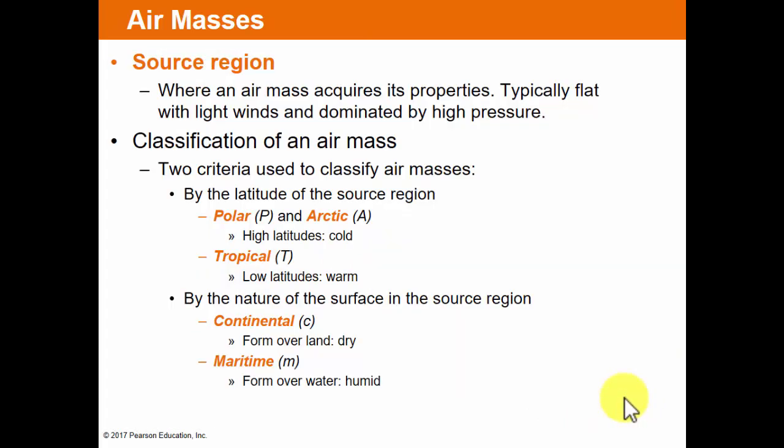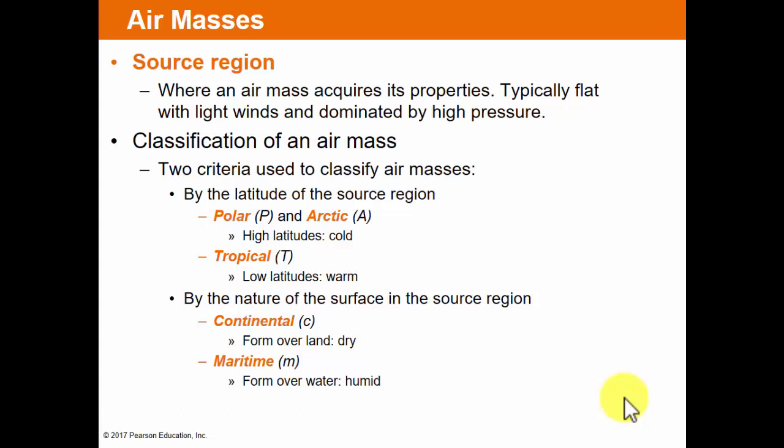An air mass takes on the characteristics of a source region. A source region is essentially a flat region, typically dominated by high pressure with light winds, which holds the air close to the ground. That's where an air mass acquires its particular properties. If the source region is the northern parts of Europe, up into northern Russia, flat, cold tundra with low humidity levels, you're going to get a cold, dry air mass.